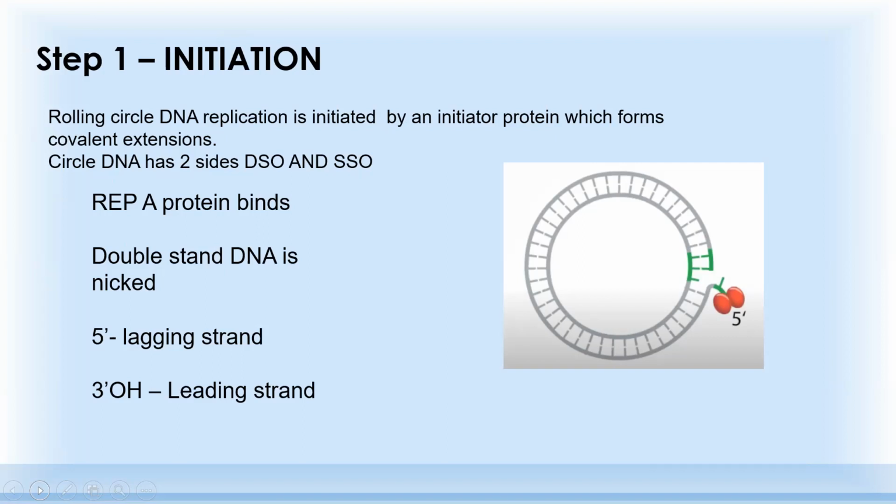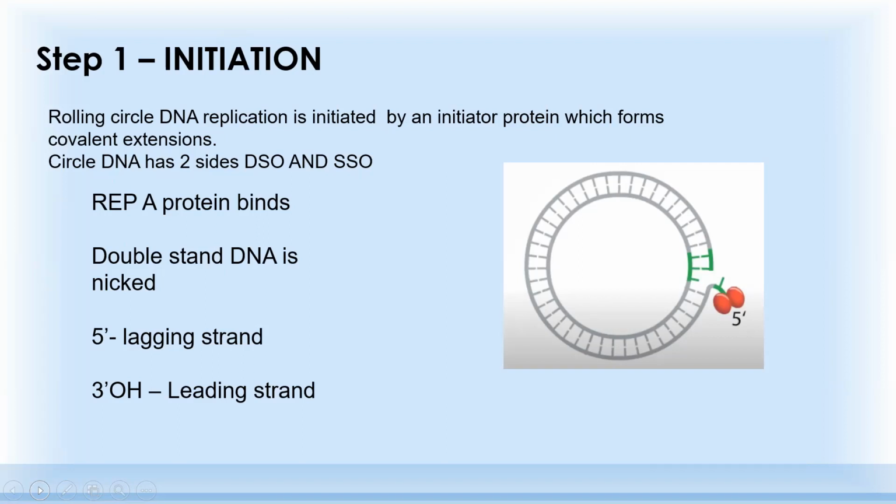With the nick formed, the tyrosine group, as I said earlier, the Rep-A protein has a tyrosine group, remains attached to the 5' phosphate of the strand and thus forms the lagging strand. And the 3' strand acts as a leading strand. Also, the 3' end acts itself as a primer for the next processes.